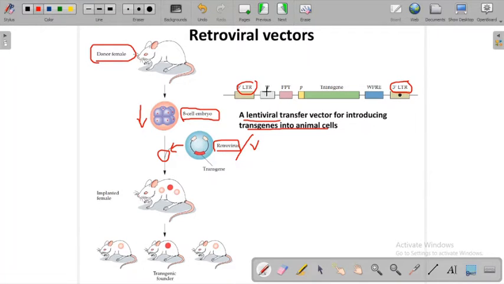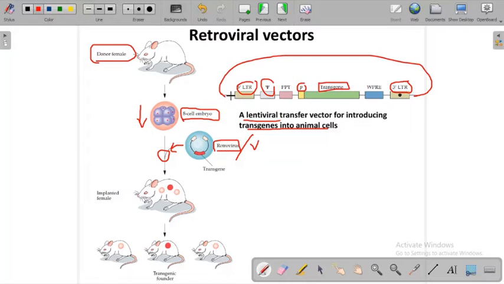There are several genes, the Psi gene, PPT, and the promoter region, and here is our transgene, which is cloned with the help of different methodologies, and so we clone that whole vector as a virus.